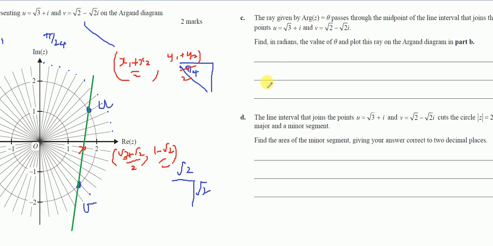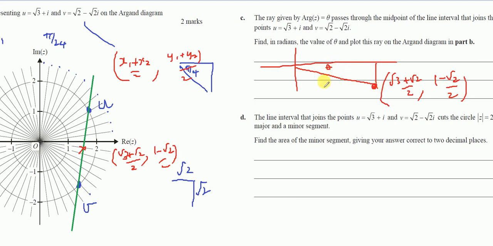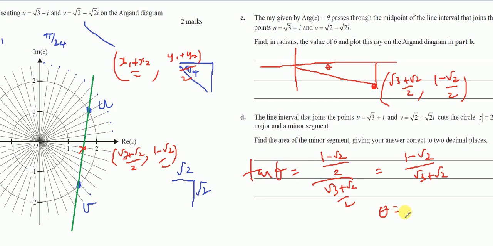So if I'm looking at this here, the coordinates here are root 3 plus root 2 on 2 and 1 minus root 2 on 2, which means if I'm looking for this angle, then the tan of that angle would be opposite, 1 minus root 2 on 2, on root 3 plus root 2 on 2, which is 1 minus root 2 on top of root 3 plus root 2, which means the angle is the inverse tan of that, and of course it's negative.